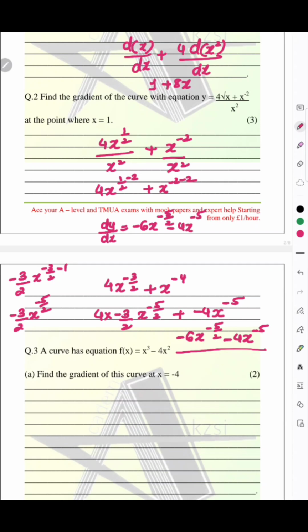All we need to do is just substitute 1, and 1 to the power of anything, like any finite number, is always 1. So this will give me minus 6 minus 4, which is minus 10. So minus 10 is your answer.